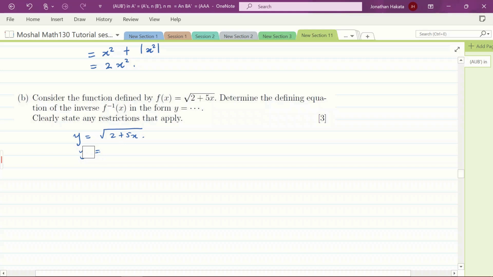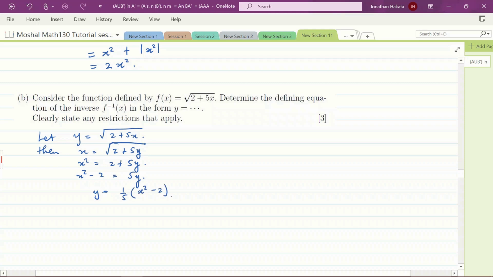When we were revising, we said you swap, so x equals the square root of 2 plus 5y. Then our task is to make y the subject, so x squared equals 2 plus 5y, and x squared minus 2 equals 5y, and y is equal to 1 over 5 into x squared minus 2, or we can just write it as x squared minus 2 all over 5.